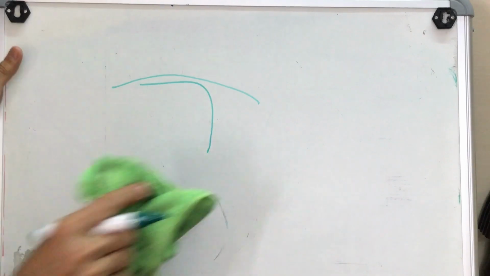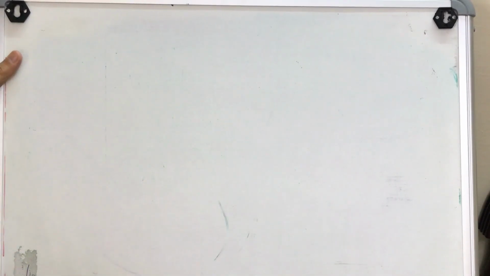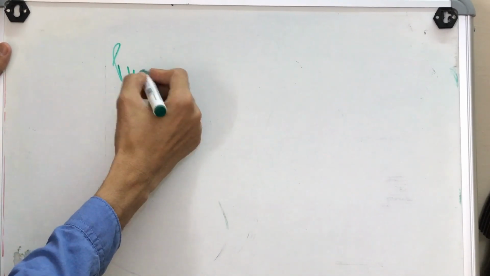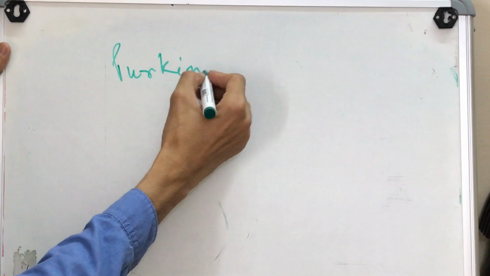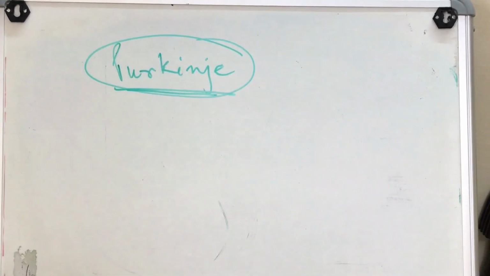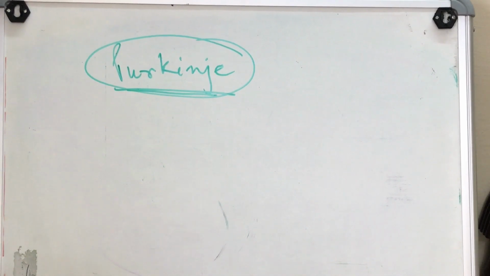The second layer was the Purkinje cell layer. As the name itself suggests, the Purkinje cell layer has Purkinje cells. If you can recall, you heard this name in CVS. Purkinje cells are present within the cerebellum.